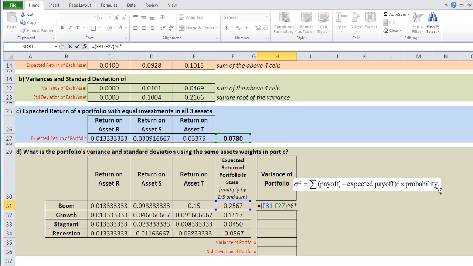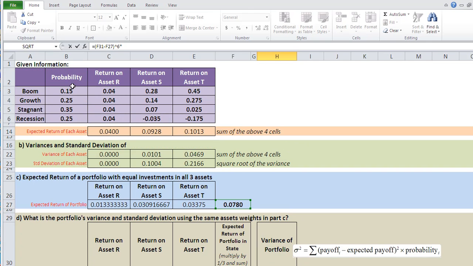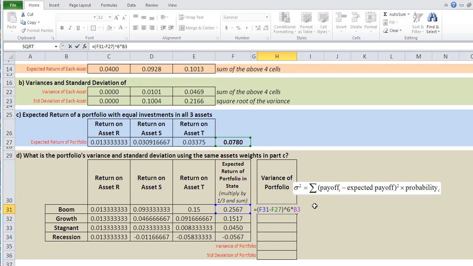We'll have to scroll back up to the top to grab the probability. And again, remember, we want to lock that column. I also want to put parentheses around that caret. And I think I put a 6 in there, and it shouldn't be a 6, it should be a 2, because we want to take it to the second power. Go ahead and hit enter, copy that down.